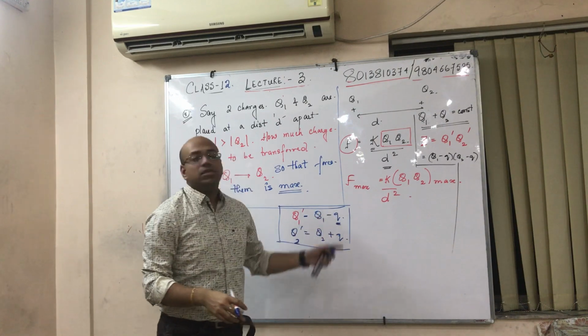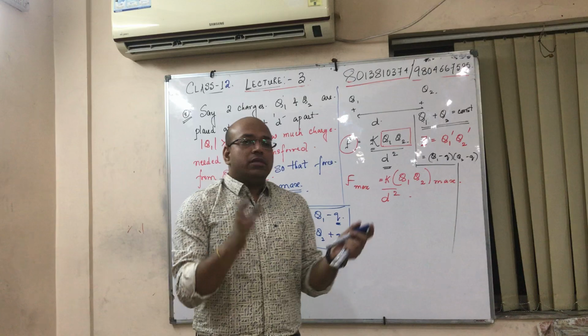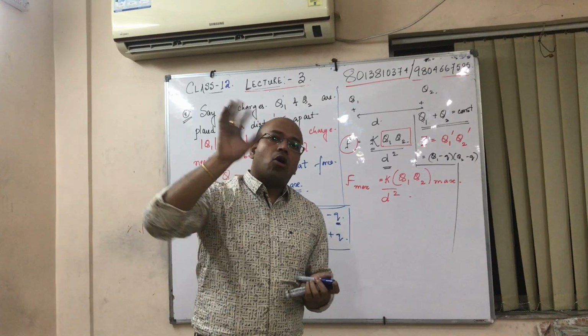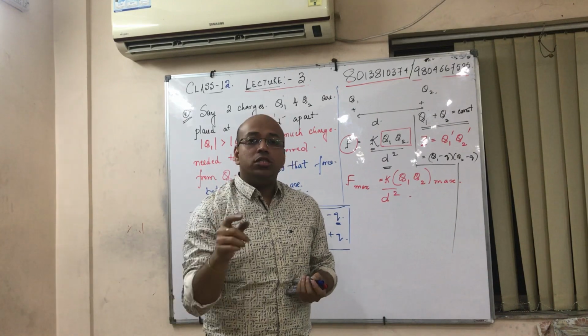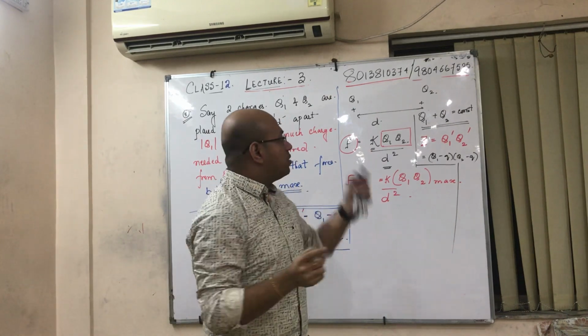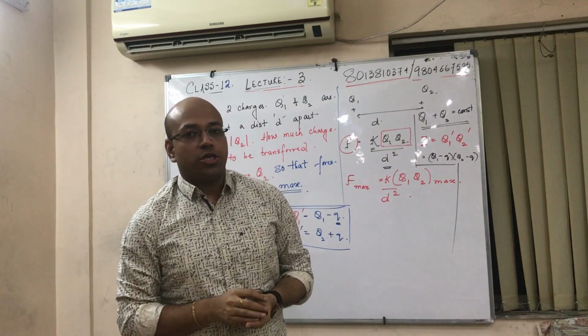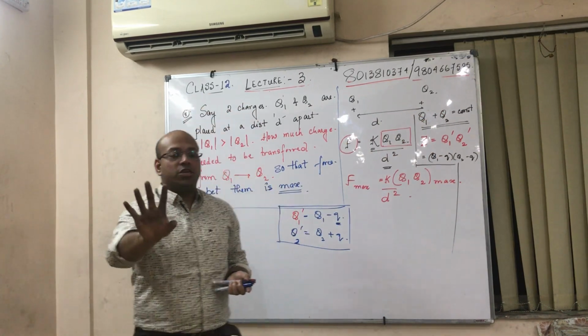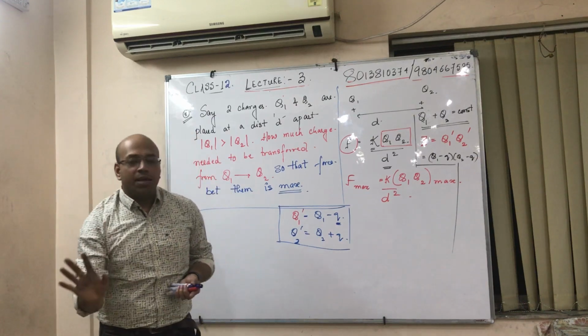So what have we learned in class 11? Very basic thing: the concept of maximum and minimum. When I say maximum and minimum, the first thing that strikes my mind is differentiation. When I use differentiation, we are going for some maximum or minimum value.